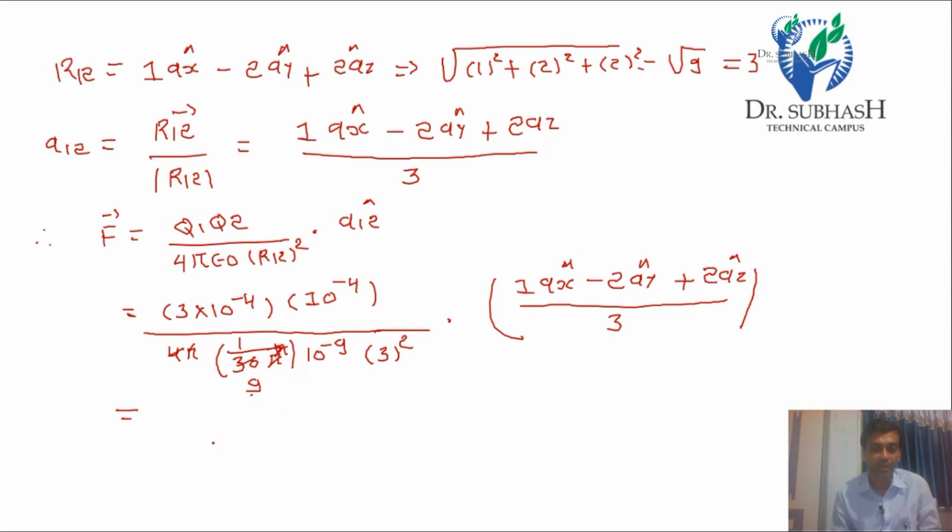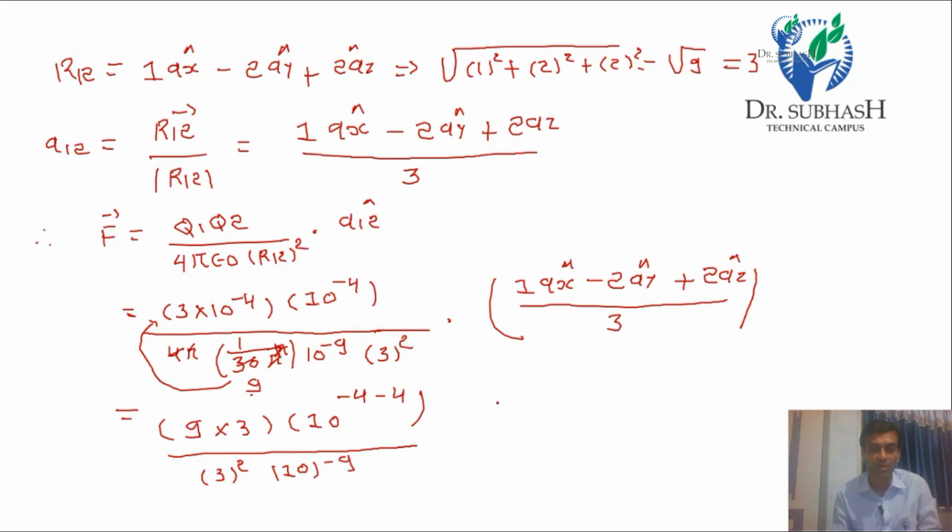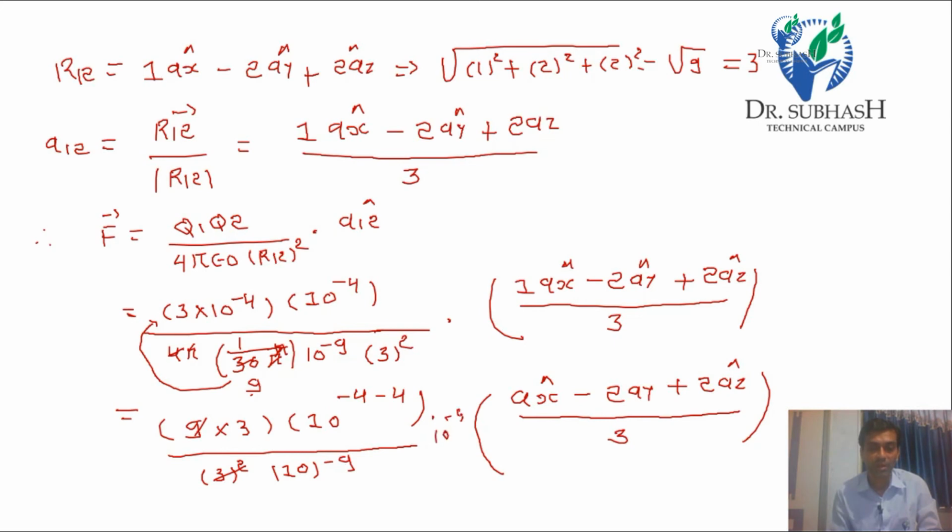So 9 will go upside, so we get 9 cross 3 cross 10 raised to minus 4 upon 3 square 10 raised to minus 9, times ax minus 2ay plus 2az upon 3. 3 raised to square means 9, so the 9 will cancel out. 10 raised to minus 4 minus minus 9 means 10 raised to 5.